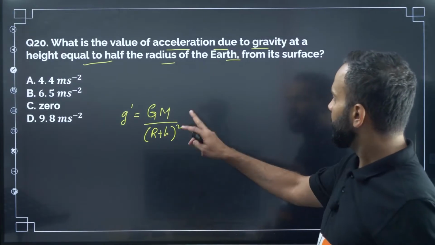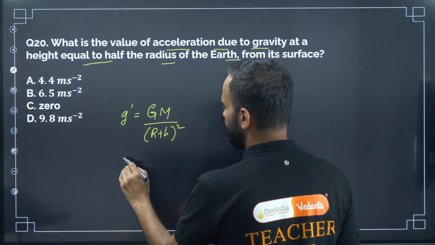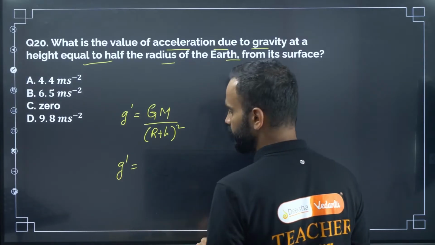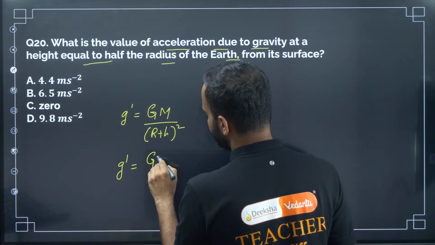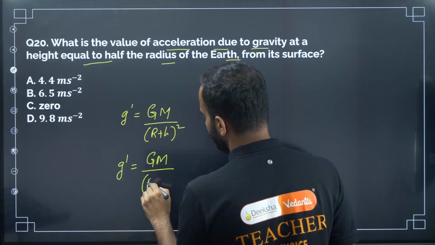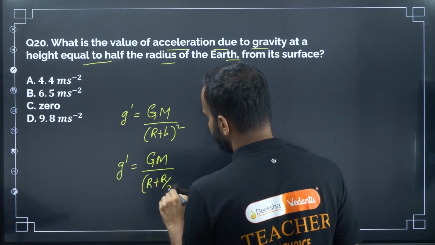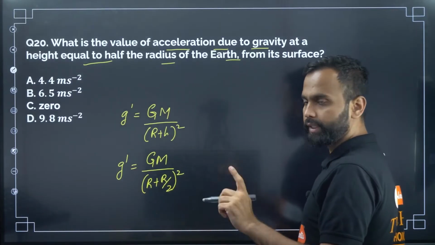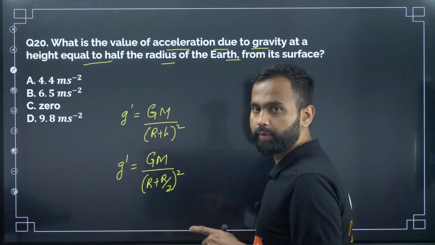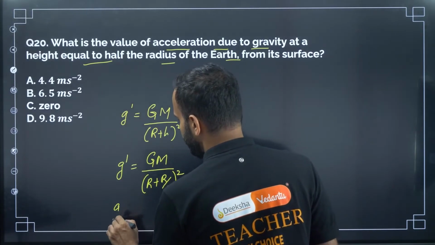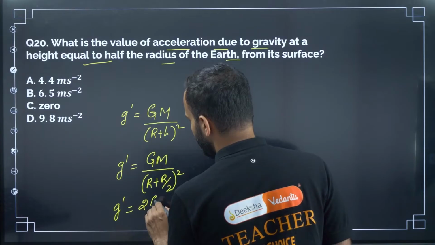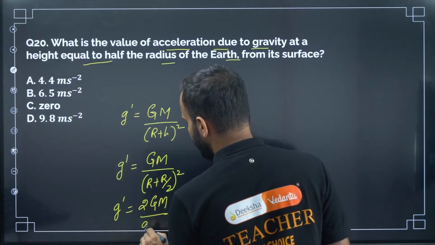So what is h? h equal to r by 2, half of the radius of the earth. So GM divided by r plus r by 2 whole square, which is 3r by 2 whole square.